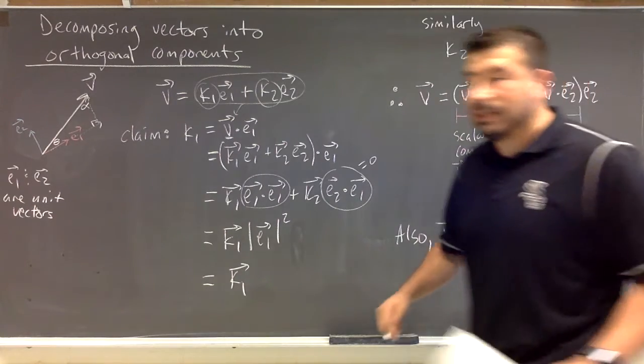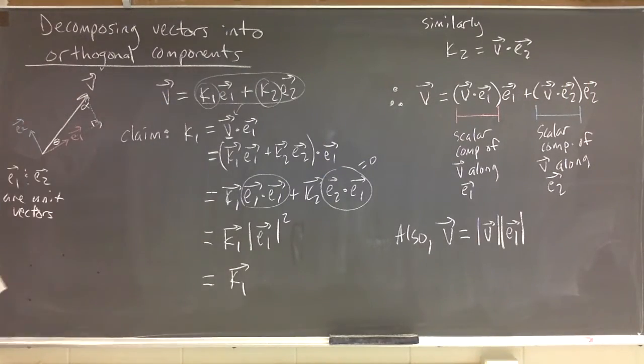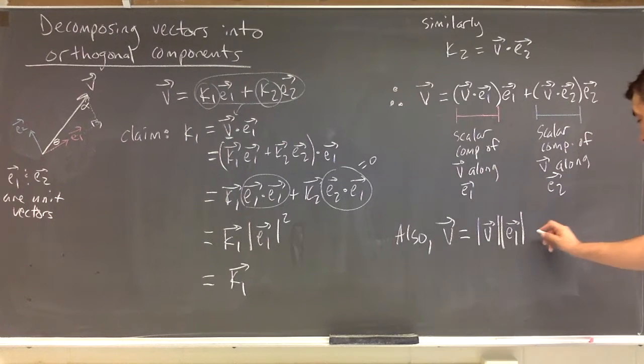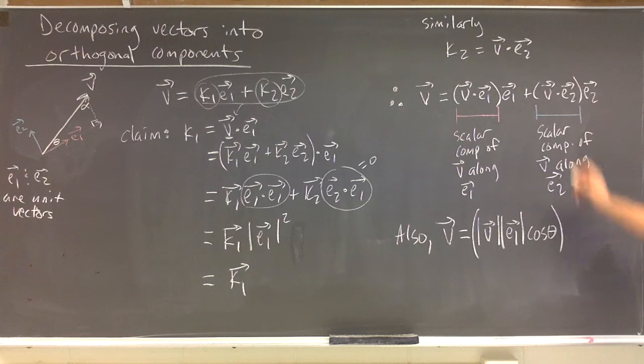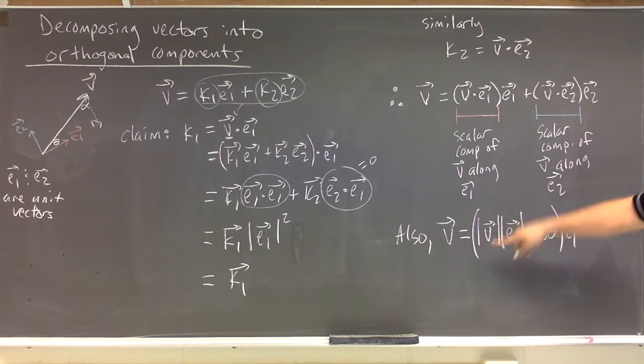So let's refer back to this picture. The cosine of the angle between E1 and V is going to be theta. And then that's still times E1. So I'm just rewriting the scalar in a different format.